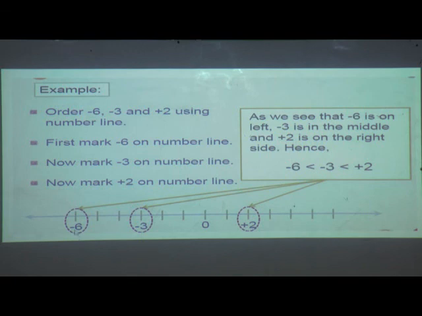Yes, -6 is smaller, because when we compare numbers, those moving towards the left side are smaller. Hence -6 is smaller than -3 and -3 is smaller than +2.